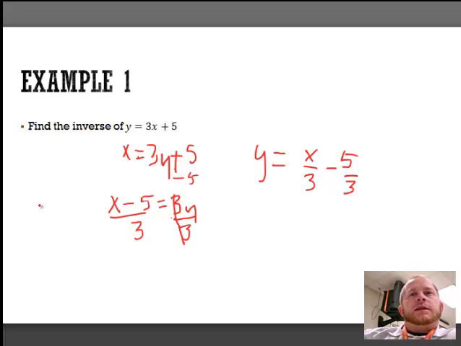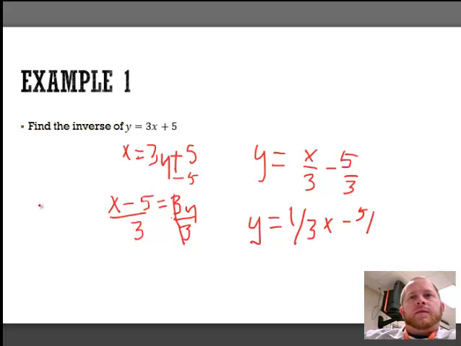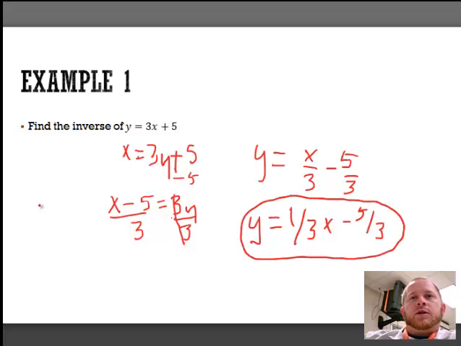Now, this x over 3 here is the same thing, when it comes to writing it in slope-intercept form, as writing it as 1/3 x. And your fraction over here stays the same. So now the inverse of y is equal to 3x plus 5 is y is equal to 1/3 x minus 5/3. And that's your final answer there. So you can go ahead and circle that on your paper so you know that that's your final.